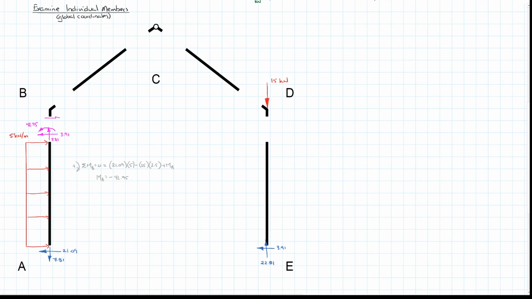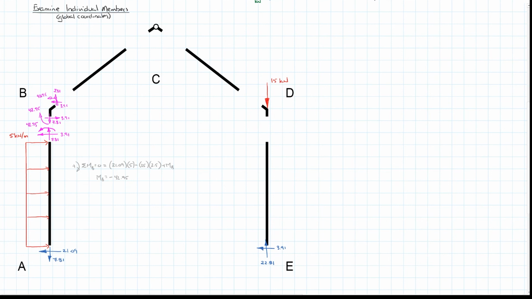So I'm just going to very quickly go here, and that's your 3.91. Go down at the 7.81, and a moment going this way of 42.95, and there's no forces applied, so we can just very quickly carry on. Again, 3.91, 7.81, and our moment of 42.95.